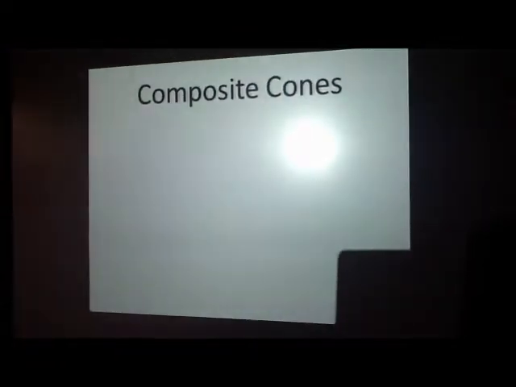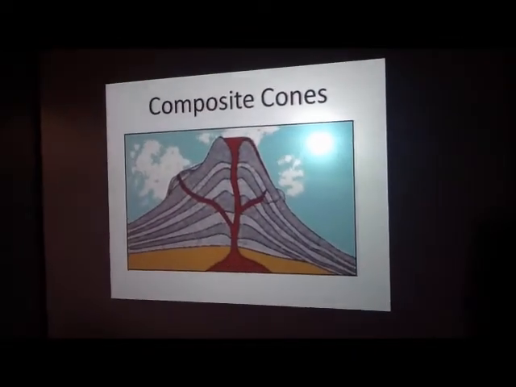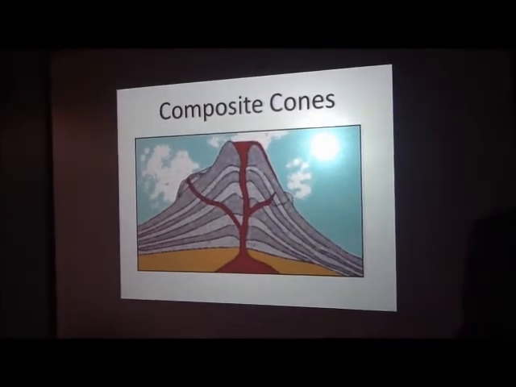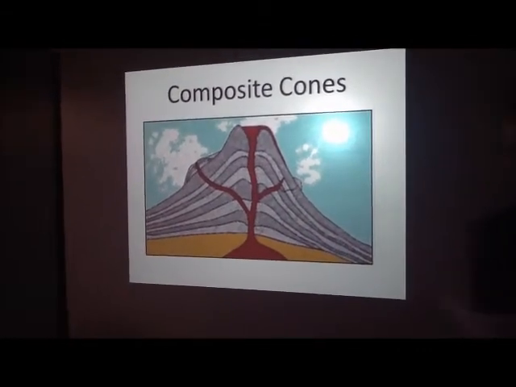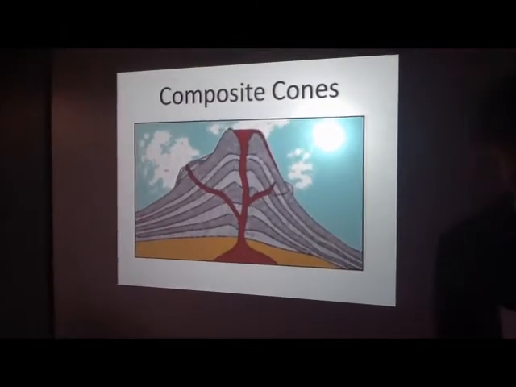Composite cones are your typical volcano that are formed from alternating eruptions of tephra, which is ash and lapilli, so material ejected by the volcano. And they create different layers of materials which result in the building up of the volcano over a long period of time.